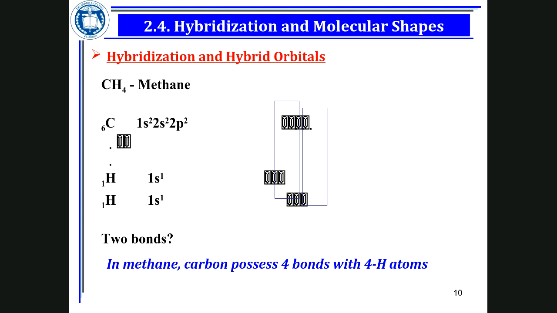Pi bond already has more energy, is less stable, so with a little bit more energy, you can break it. Sigma bond has lower energy, so it's more stable, a stronger bond. If you want to break that bond, you have to spend more energy. So pi bond in general is less stable and weaker than a sigma bond.